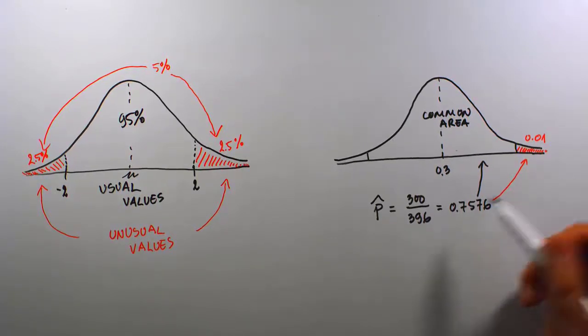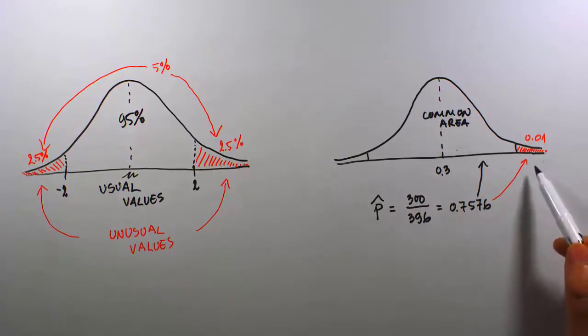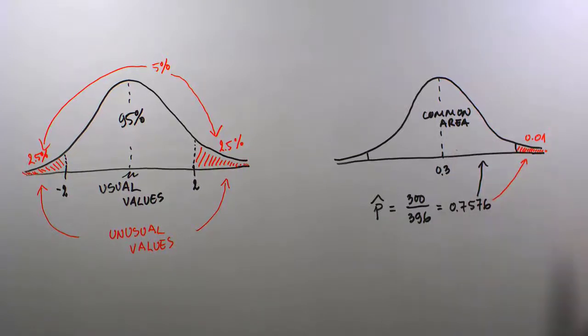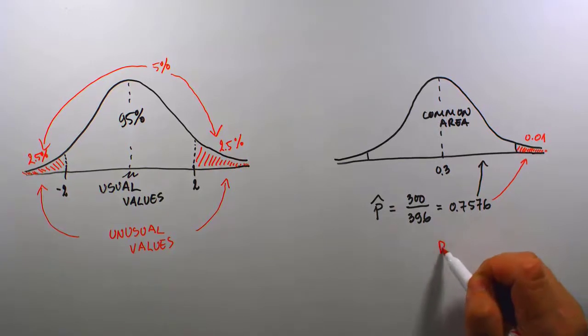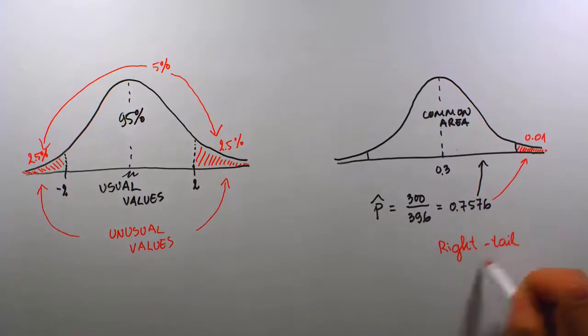But here, since we're interested in finding out whether our sample can fall into the right tail, the tail that appears to the right and outside of the common area, that is the reason why this problem is being regarded as the right tail test.